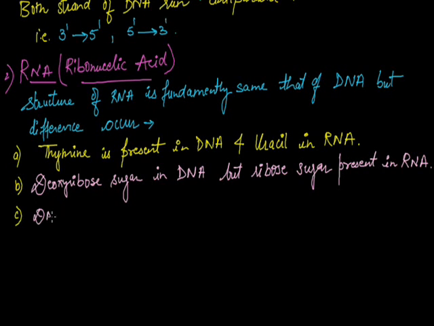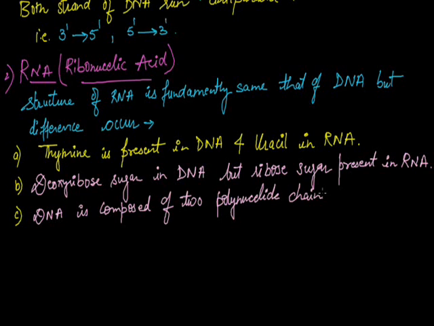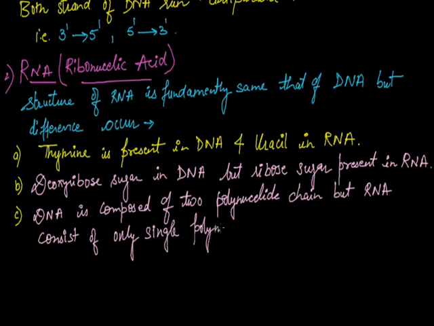Next, DNA is composed of two polynucleotide chains, but RNA consists of only a single polynucleotide chain that runs 3' to 5'.